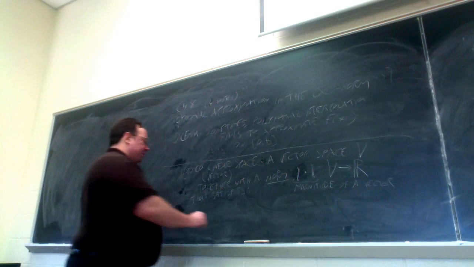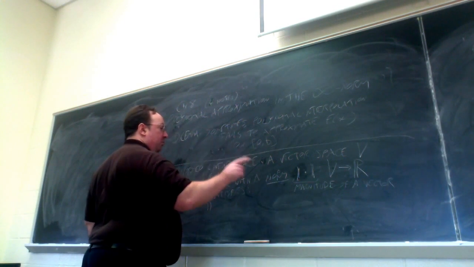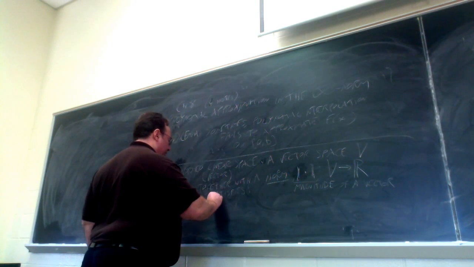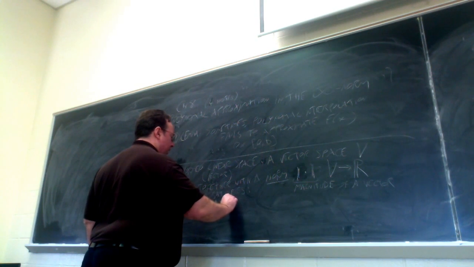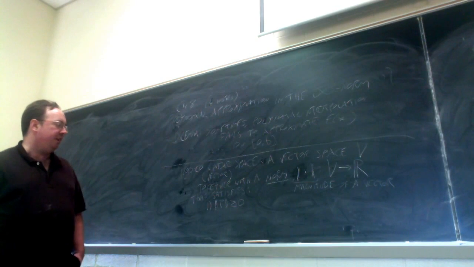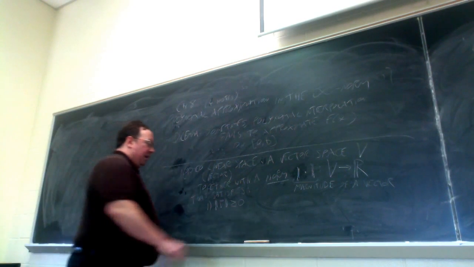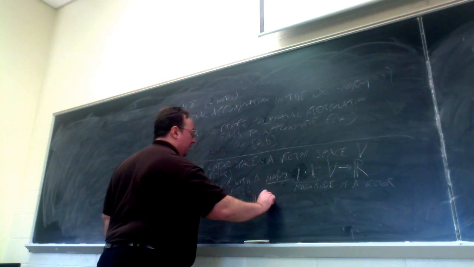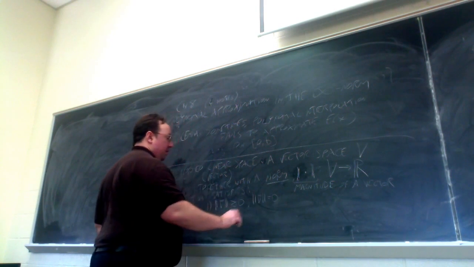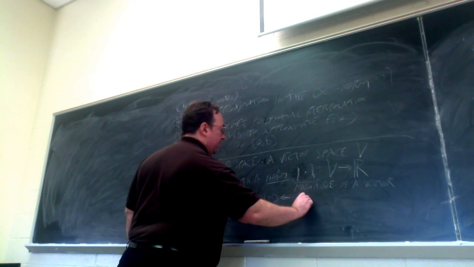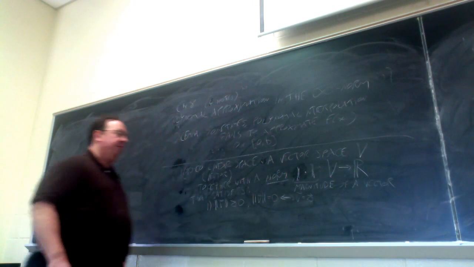So what are the properties? A norm has to satisfy these properties to describe a magnitude. First of all, the norm of any vector v has to be non-negative. Can't have a negative magnitude. And the norm is equal to 0 if and only if the vector itself is the 0 vector.